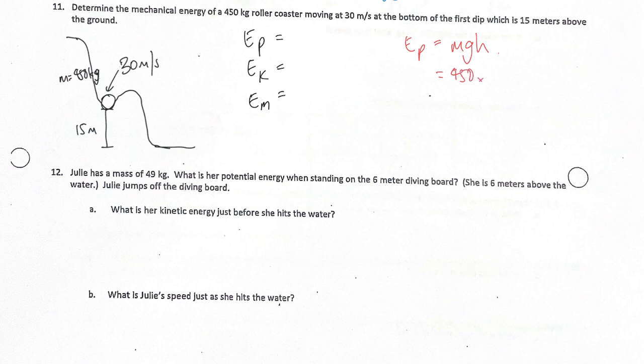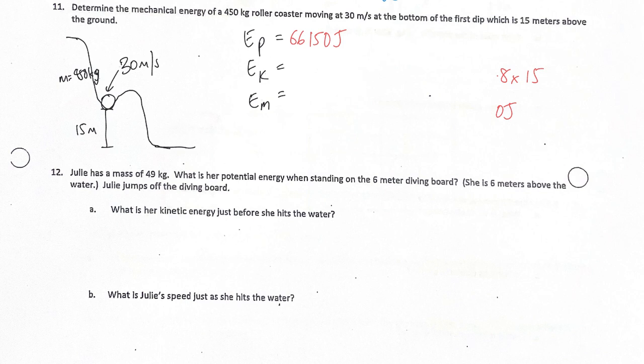What's gravity? 9.8. And the height? 15 meters. So 450 times 9.8 times 15 is 66,150 joules.